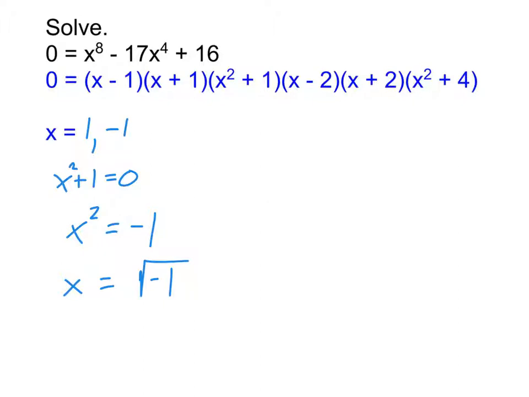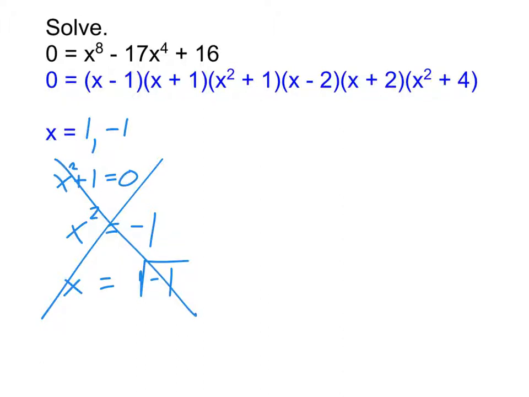It's an imaginary number. I don't want to deal with imaginary numbers on this. By default in math, it's assumed that the question is asking for the real solutions. You only are going to get into imaginary solutions if a problem specifically says to include imaginary or complex solutions. So because that would give me an imaginary number, I'm just going to have no solution from that particular set of parentheses.